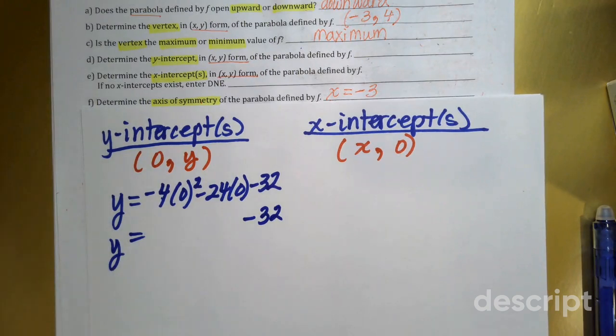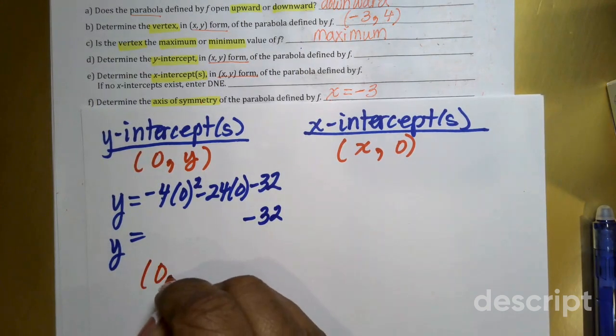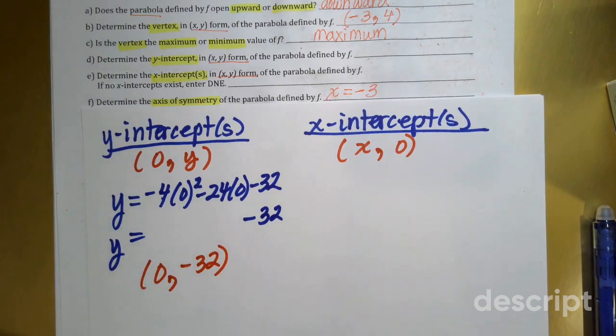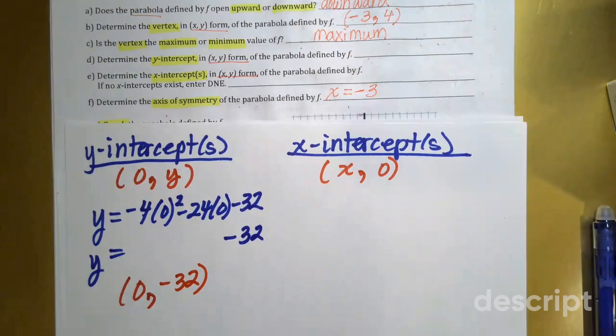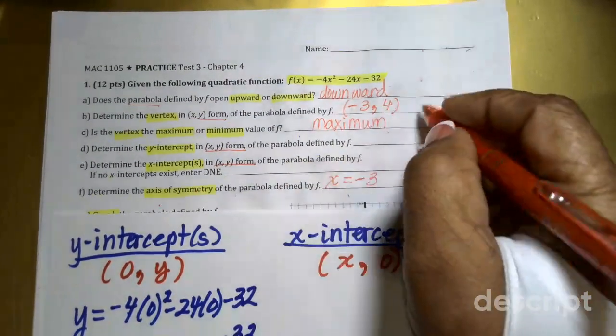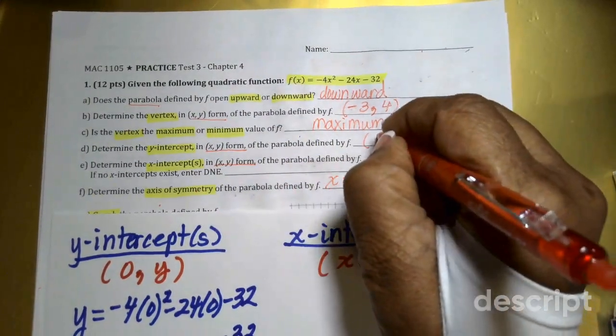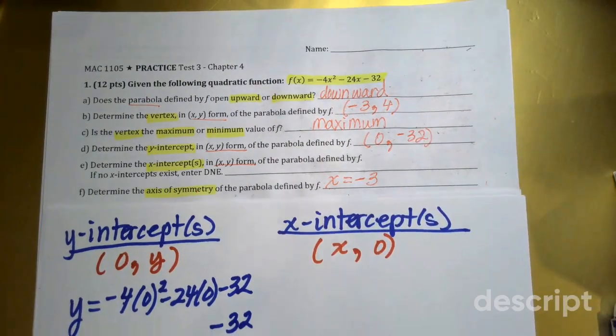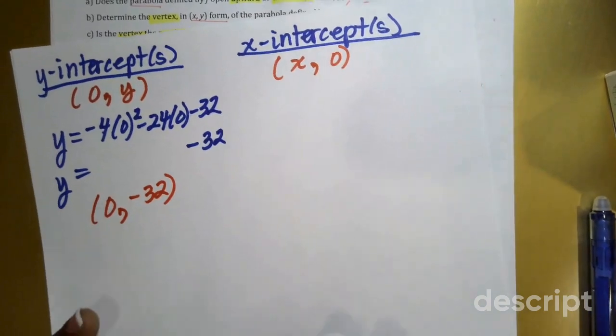So in went 0 for x and the output is -32. That is our y-intercept. So for part D, we'll go ahead and record that. Y-intercept 0, -32.